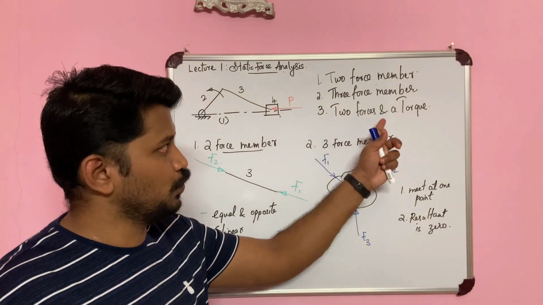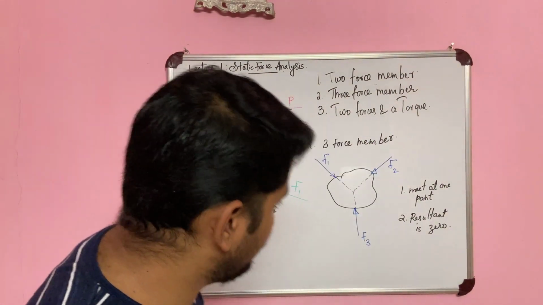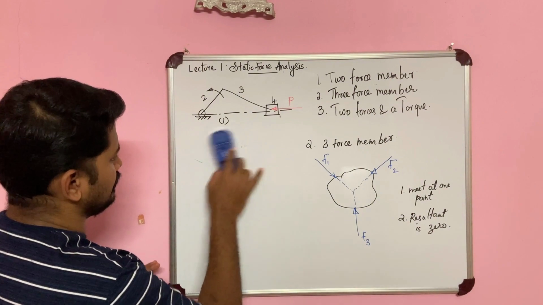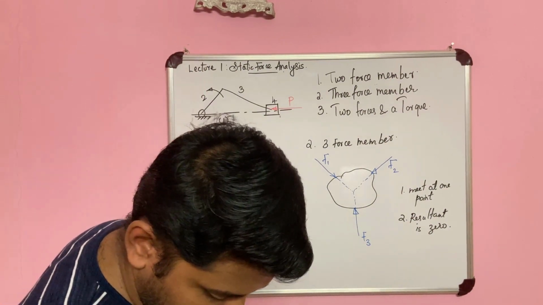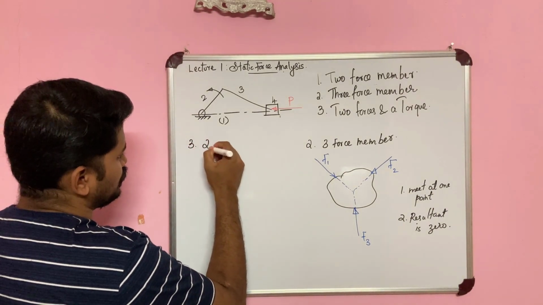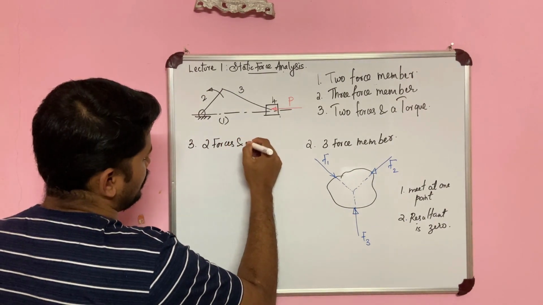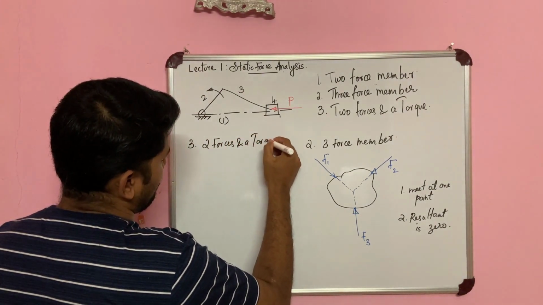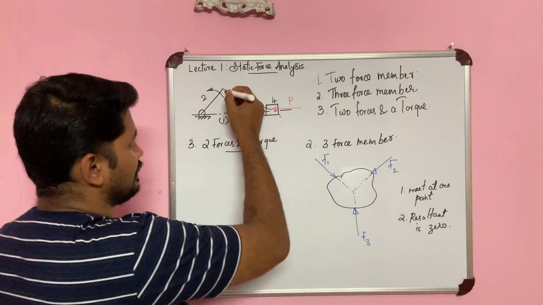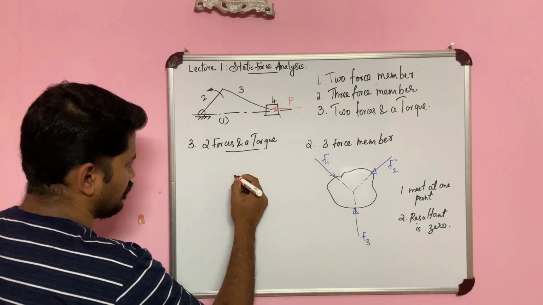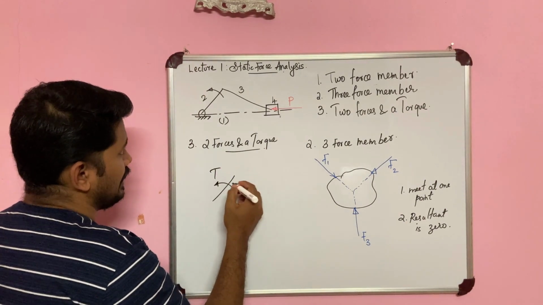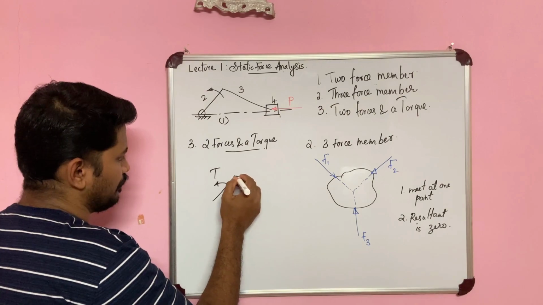Now let us see two forces and a torque. That is the last one that we are left with, right? So two forces and a torque. That is the third condition, which is your crank over here. In this case, the crank over here, that is the second link, is having a torque T as well as two forces acting over here.